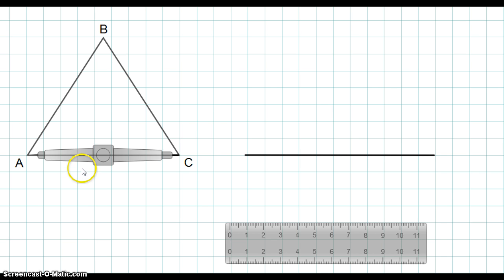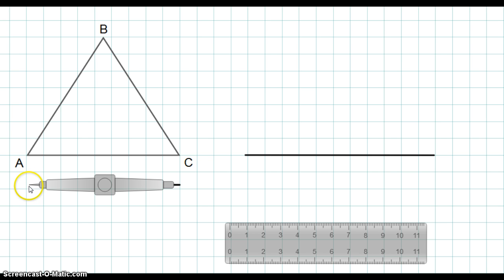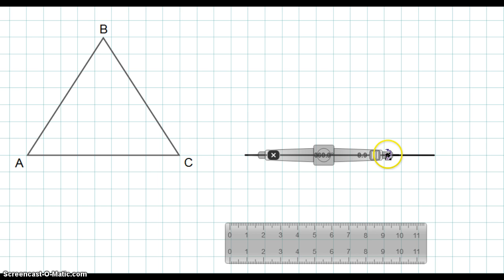So there we go. I think the width between the needle tip and the pen tip corresponds to the length of AC. So I'm going to bring my compass over here. Maybe I'll set the tip of the needle over right there, and I'm going to make a mark on my original line.